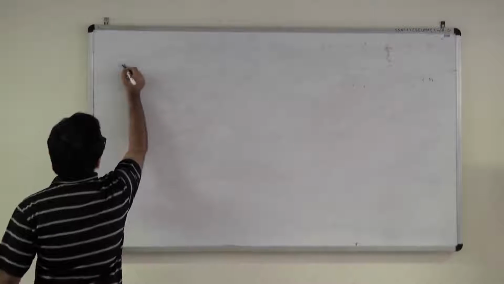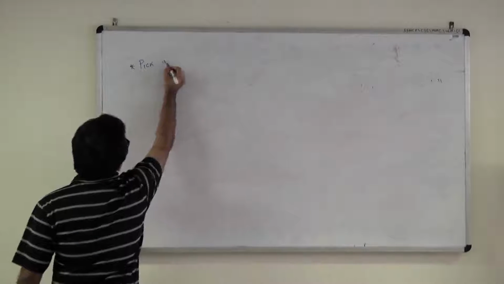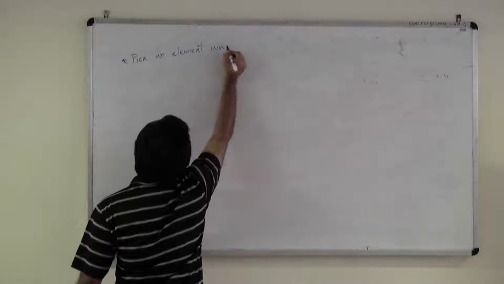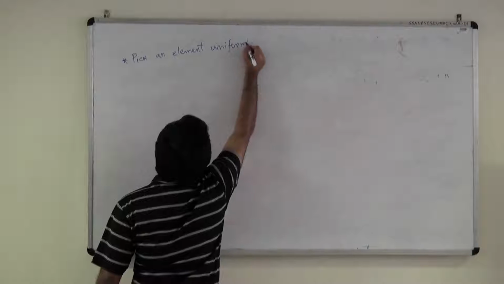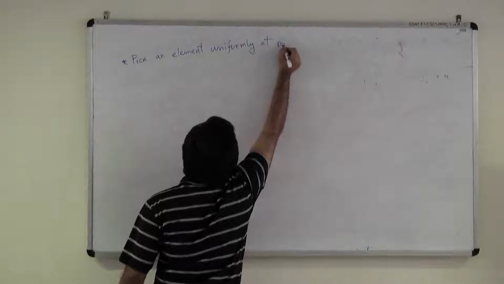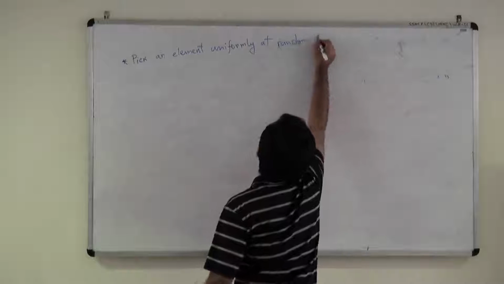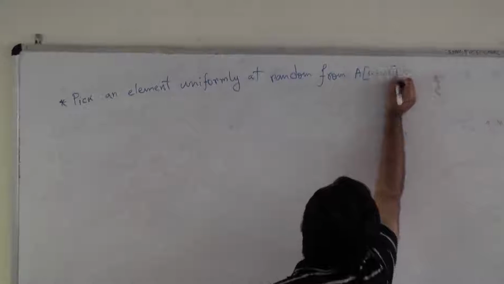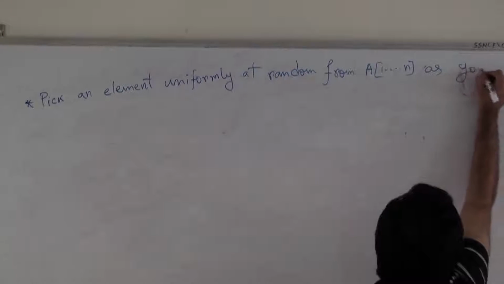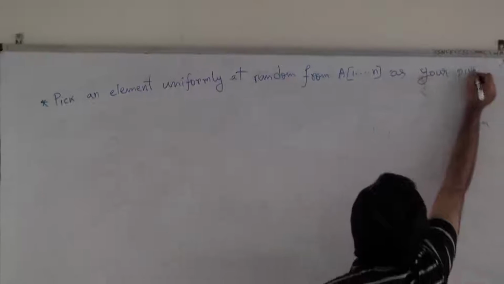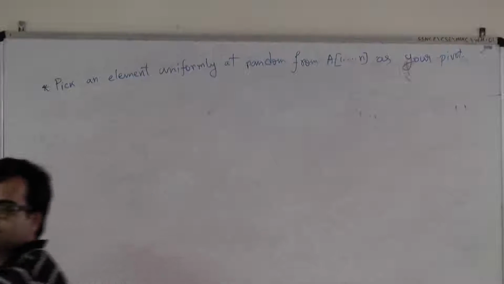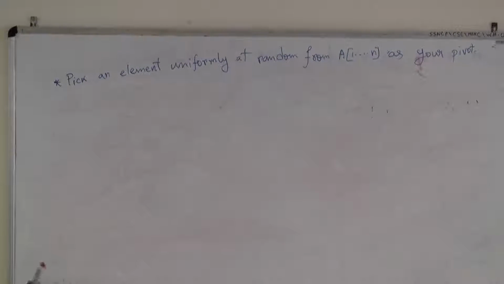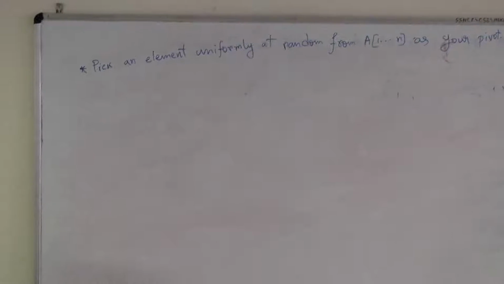So all I am suggesting is pick an element uniformly at random from the array as your pivot. The array has n elements, and I am just saying out of these n elements, pick one uniformly at random.